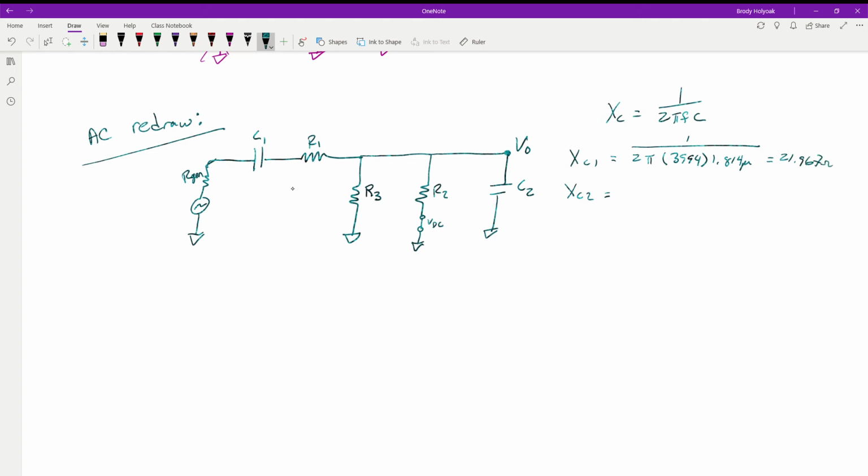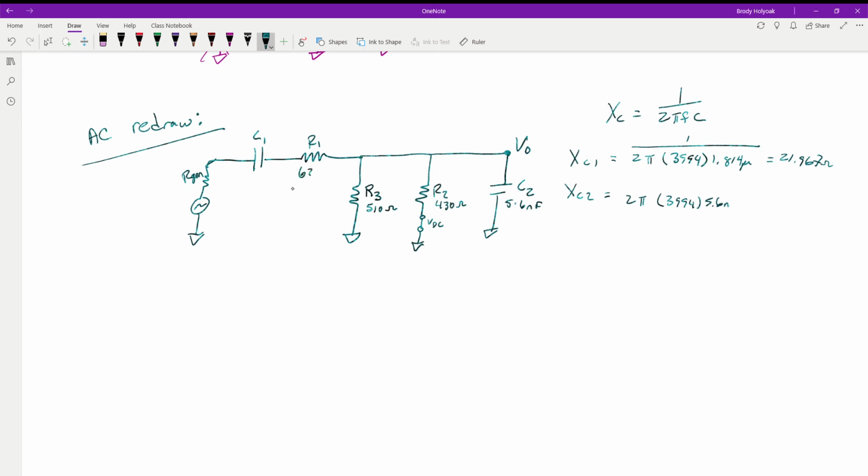X of C2 is 2 pi times 3994, multiplied times the 5.6 nanofarads. Let me put these values back in here. R2 is 430 ohms. R3 is 510 ohms.